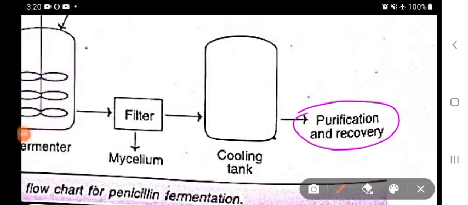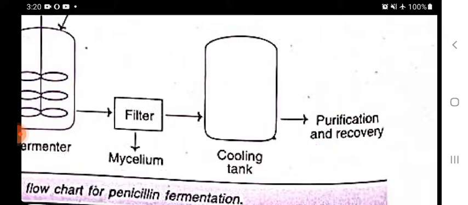Downstream processes are mainly employed for extraction of our desired materials. Here, your desired material is your penicillin from the culture, while the mycelium of that fungus can be again employed in the culture medium for penicillin production.